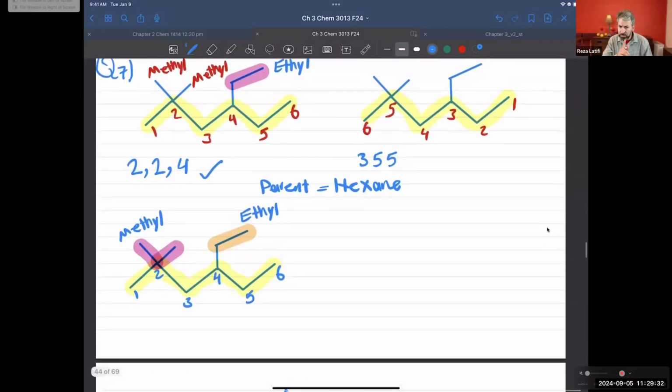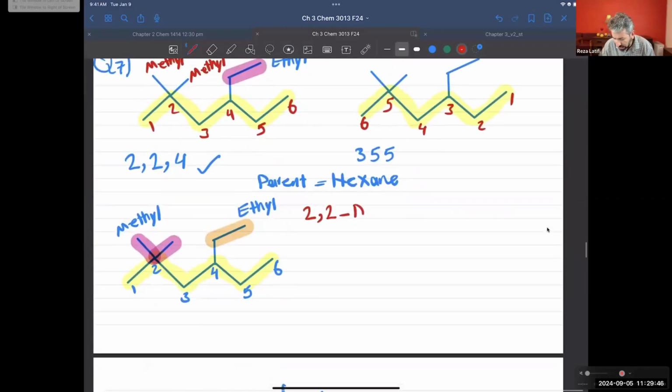I have 2 methyls, so I should say on 2 and 2, and because I have 2 methyls, I should say di, then methyl. On the fourth one, you have ethyl, and the parent is made of 6 carbons, so it will be hexane.